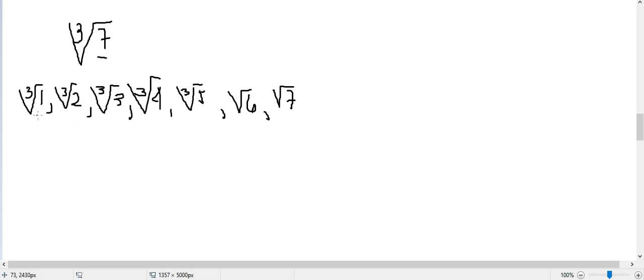Okay, so cube root of 1 is equal to 1. 2 is not a perfect cube. Three is not a perfect cube. 4 again is not a perfect cube. 5, 6 is not a perfect cube, and also 7 is not a perfect cube.